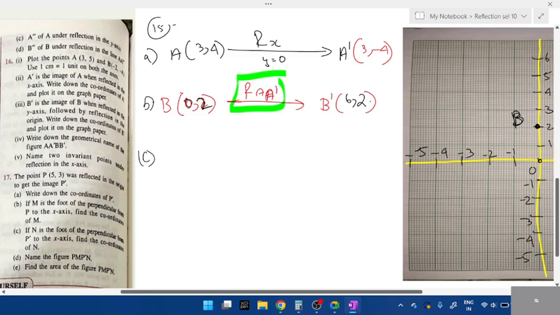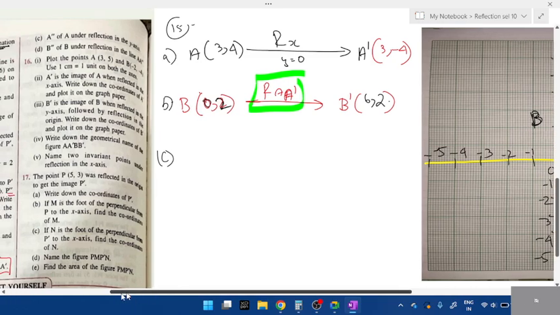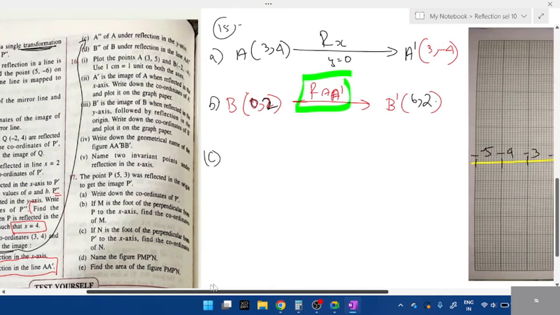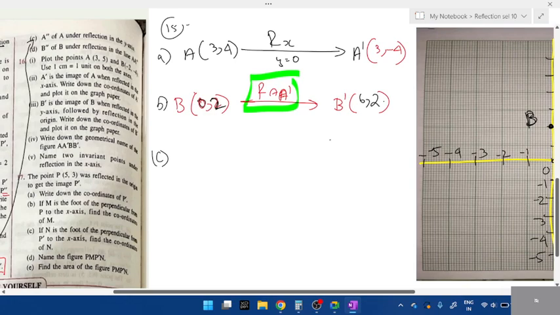A double dash. See, first observe this. Find the image. The image always comes on the right hand side. Remember, A double dash is the actual image of A.